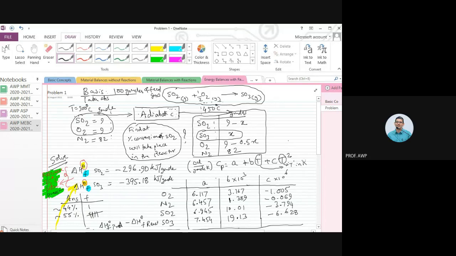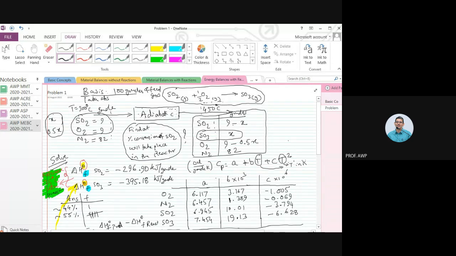Whenever we are talking about reactions, some of the molecules are disappearing. New molecules are forming. Right? 9 minus X molecules of SO2 have disappeared. 0.5 X molecules of oxygen have disappeared.